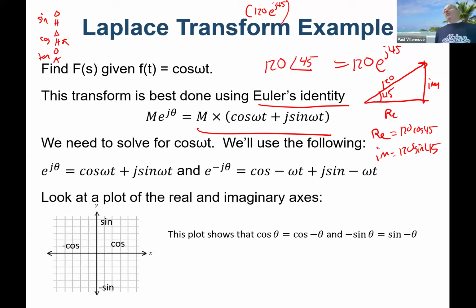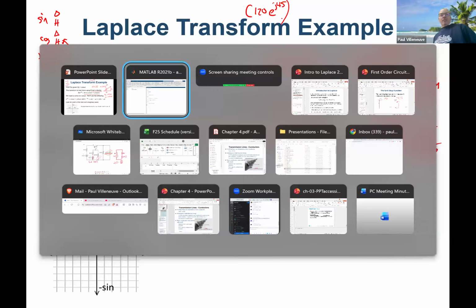But you should be able to enter it in as E to the J 45. I don't know why it doesn't work. It's the same thing. It's the same process. Yeah, it's saying data type error for this one. I don't know, but I'm sure you get this.